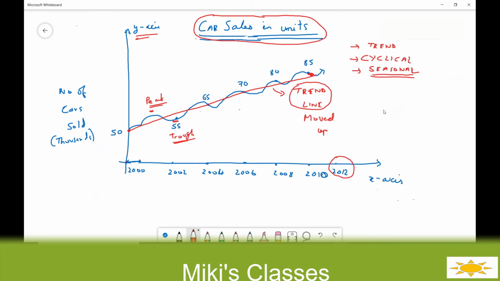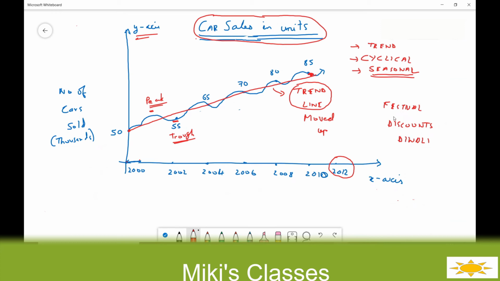What might be an example? One of the examples might be when there's some festival. And because of the festival, there are a lot of discounts. So in India, we have Diwali during September, October, November, those kind of months, right?